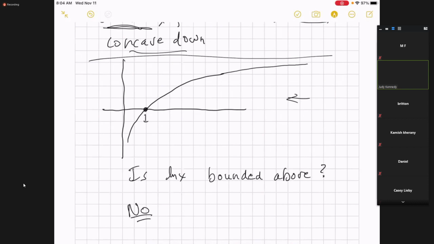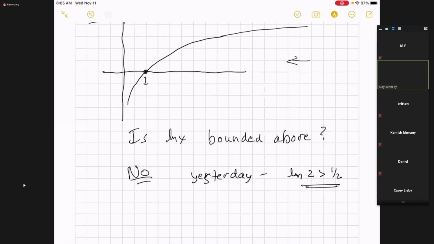And I can prove it to you. Yesterday, we saw that ln of 2 was between 1/2 and 3/4. In particular, it's greater than 1/2.